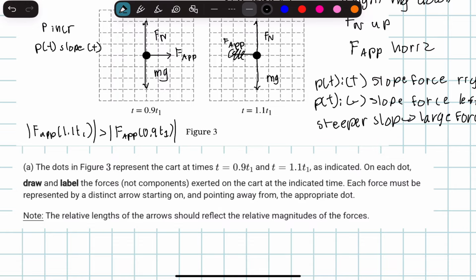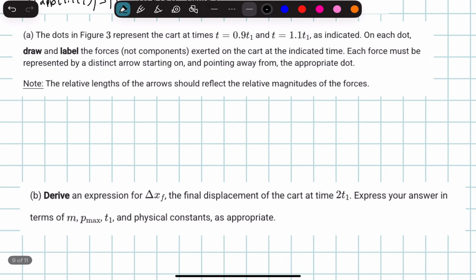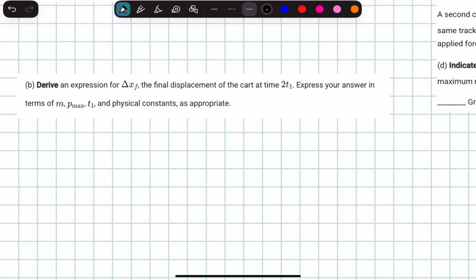Let's make this a little bit bigger. So that was for part A.